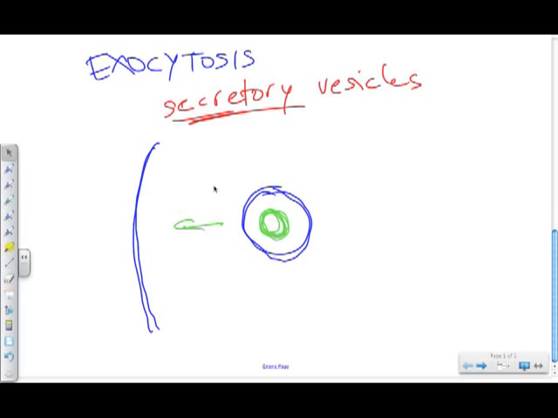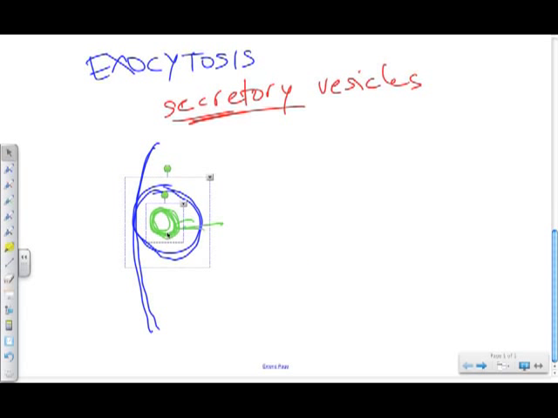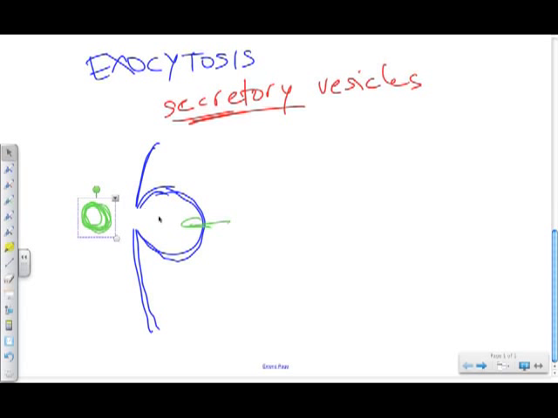This is going to make its way towards the membrane, bind itself to the membrane, and release this particle that they're trying to get rid of.